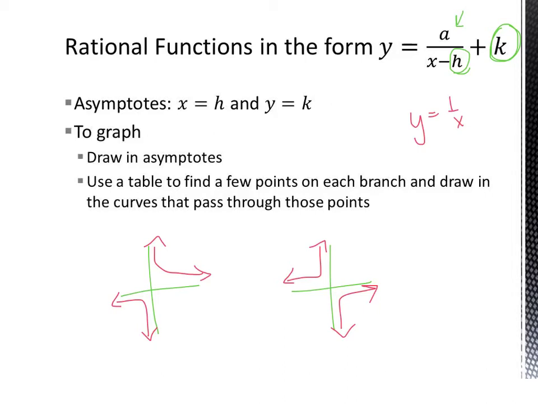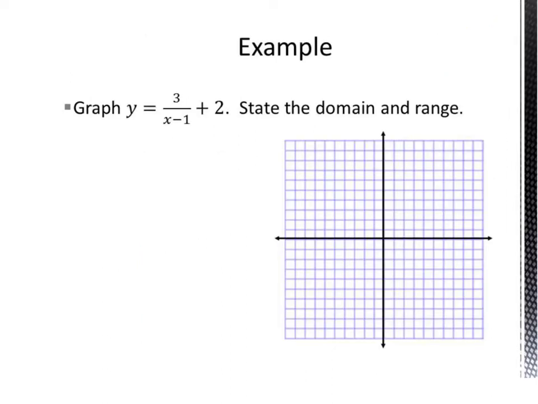Okay. So to graph, you are going to first draw in your asymptotes, and then we're just going to use a table to find a few points. Your asymptotes start at 0, 0, and your vertical asymptote is at x equals h, and your horizontal asymptote is at y equals k.